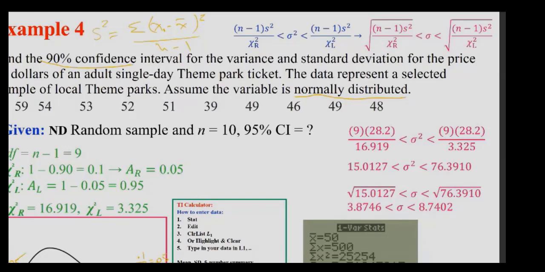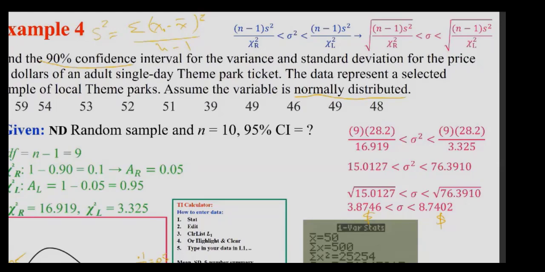Of course, for the standard deviation of the price in dollars, the units are dollars for both cases. So we are 90% confident that the true standard deviation for the price in dollars of an adult single-day theme park ticket is somewhere between these two numbers.